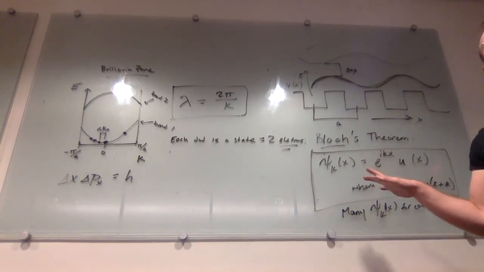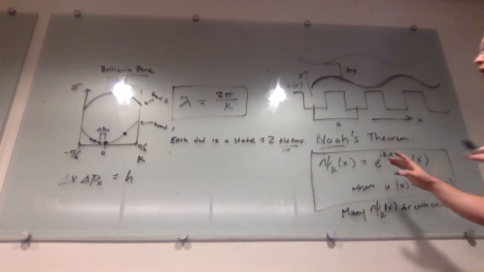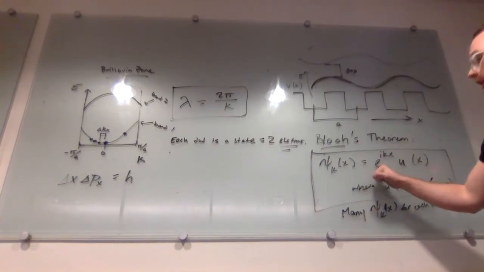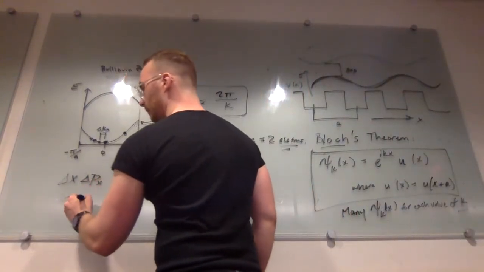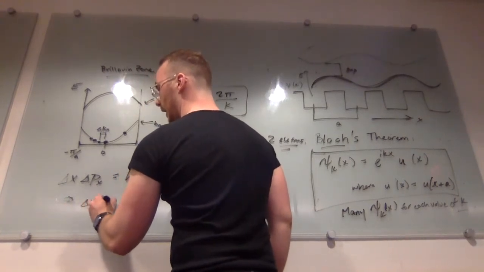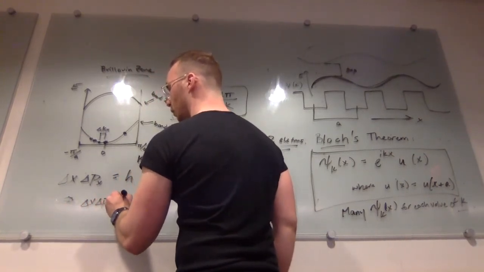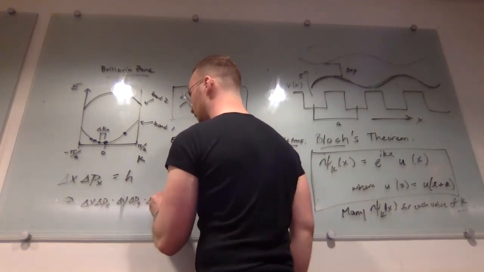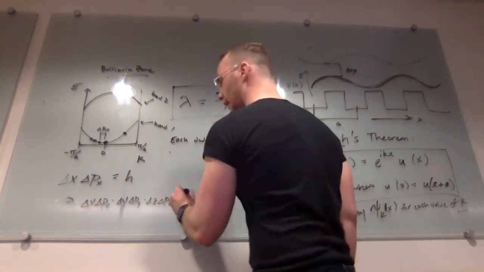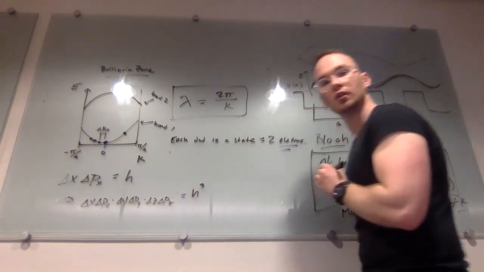This is just true of quantum mechanical systems. It has nothing to do with crystals specifically or electron wave functions or anything like that. Therefore, delta x, delta px times delta y, delta py times delta z, delta pz, which is what the question asks, is h cubed. Okay.